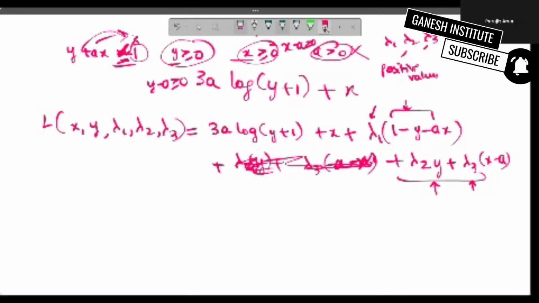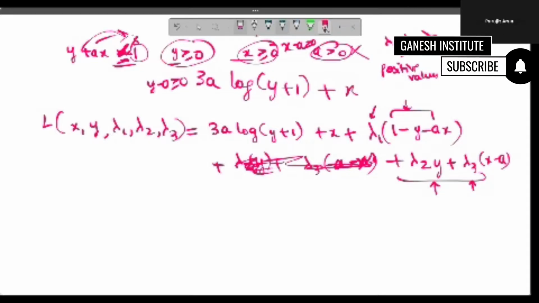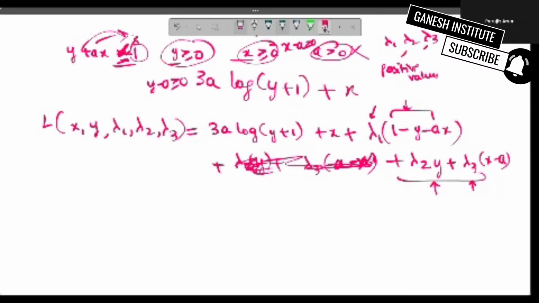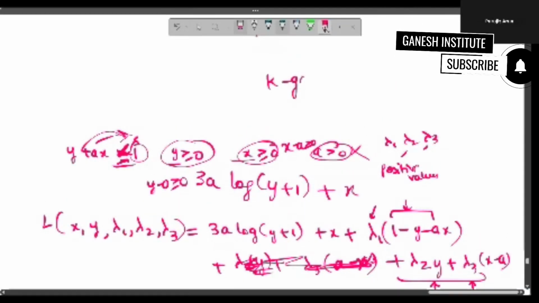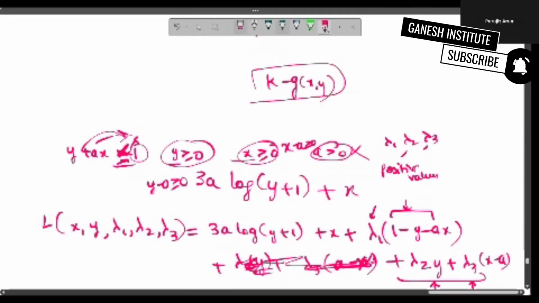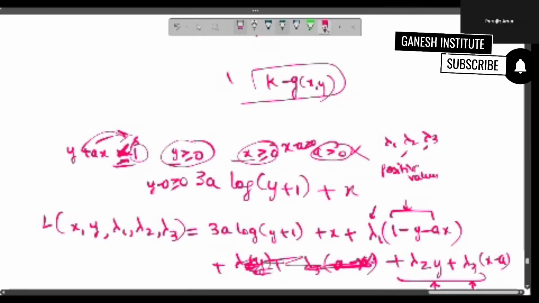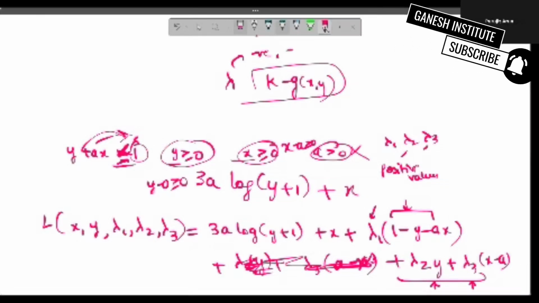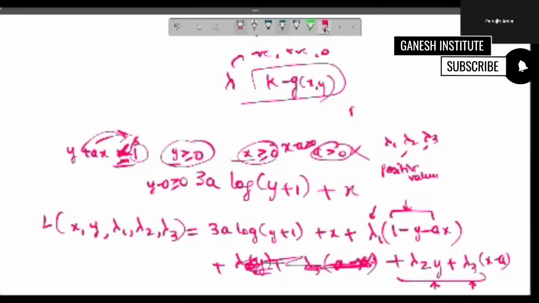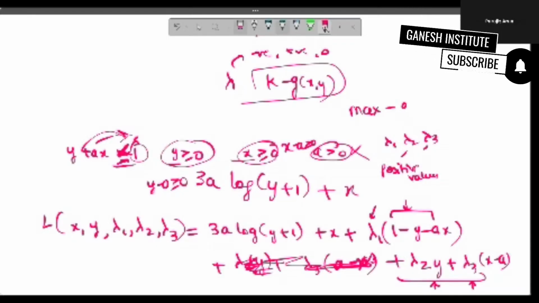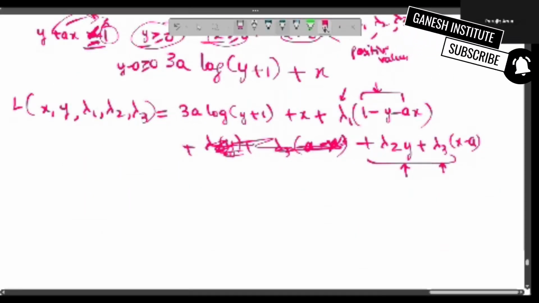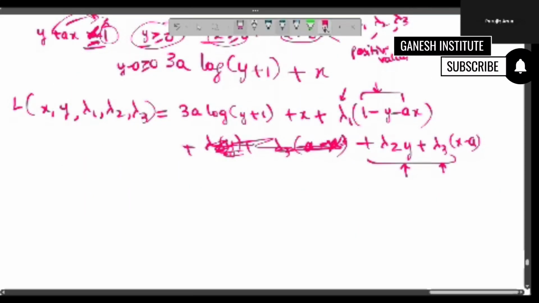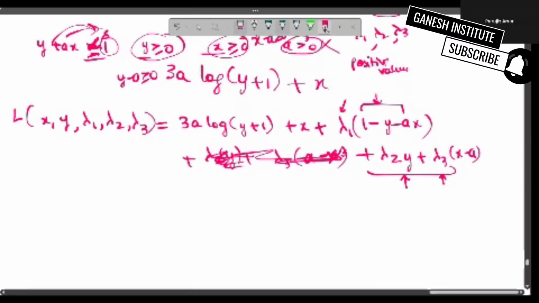In Lagrange with equality we used to do k minus g(x,y) only, because it doesn't matter whether lambda is negative, positive or 0. But here you have to do the maximum minus the function, to get the constant lambda value as positive.